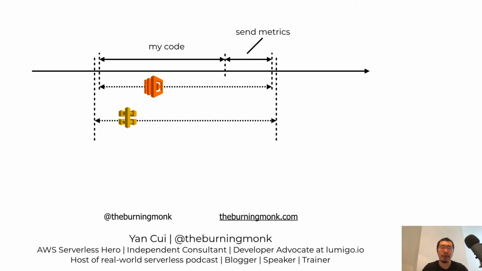And if you're building, say, APIs using API Gateway and Lambda, until your Lambda function actually completes all the execution and the response gets sent back to API Gateway, because when API Gateway invokes a Lambda function, it's strictly request-response. Until the whole function is finished executing, it doesn't get the response back, which means in terms of the end-to-end latency, now you're going to add extra time to that latency.